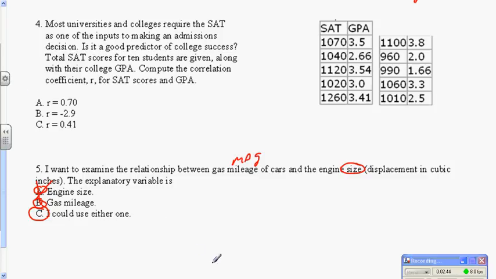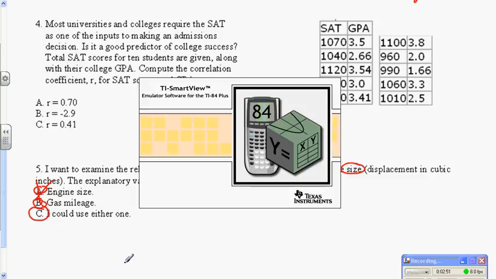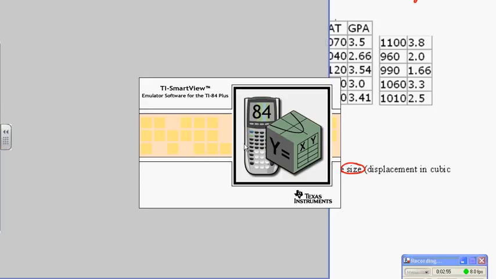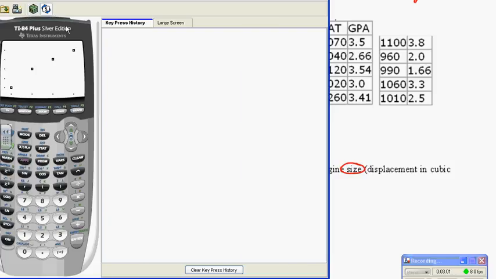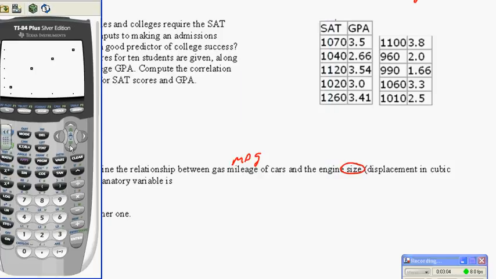Now number 4 is with your calculator, and I'll do this and punch it in. Okay, so I'm going to go to Stat, Edit. I'm going to clear my 2 lists I have.